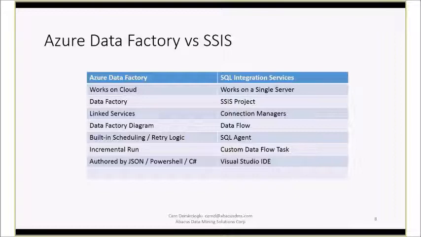There is a built-in scheduling system and retry logic, which is not available out of the box in SSIS, but you can do it with SQL Agent and some custom tasks. Also, you can do some incremental runs if you want to. On the Integration Services side, it is a little bit hard to do incremental runs unless you are implementing them through custom data flow tasks. The authoring experience can be a little bit different.